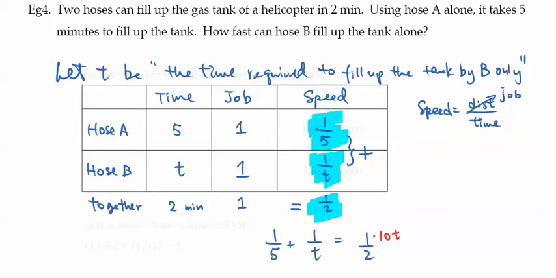Times it by 10t, times it by 10t, and times it by 10t. This is how we can reduce it with the denominator, and therefore giving us 2t plus 10 equals 5t.